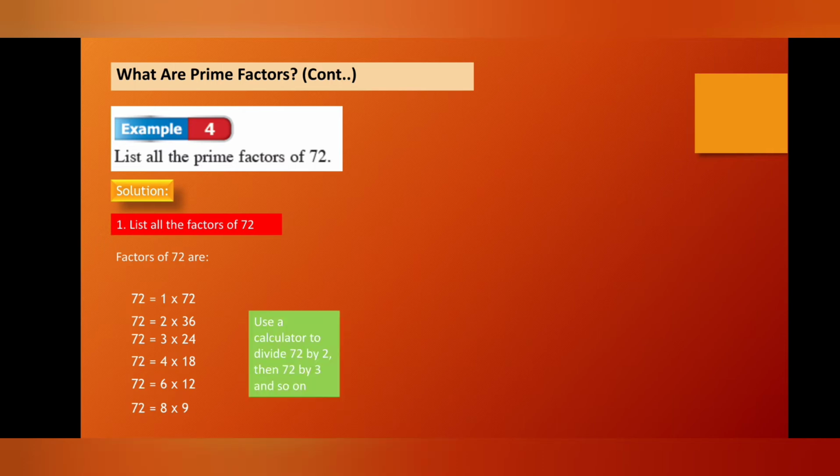You can use a calculator to divide 72 by 2 and then 72 by 3 and so on to get the factors.